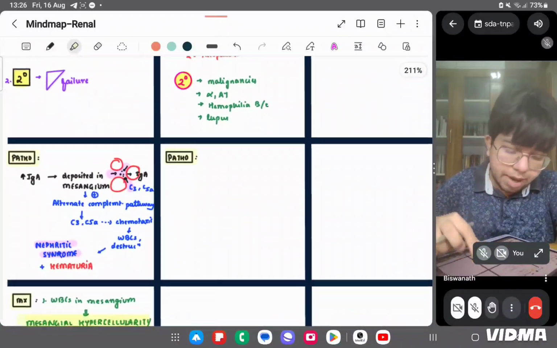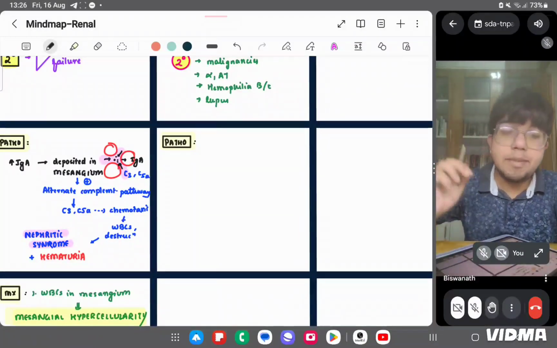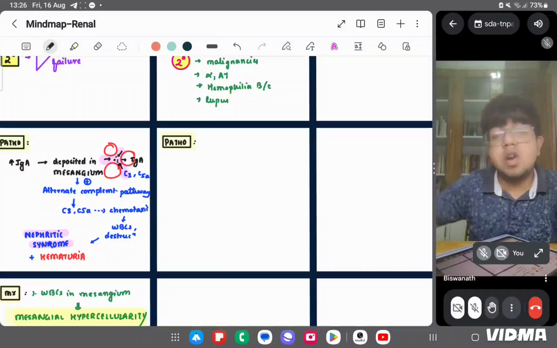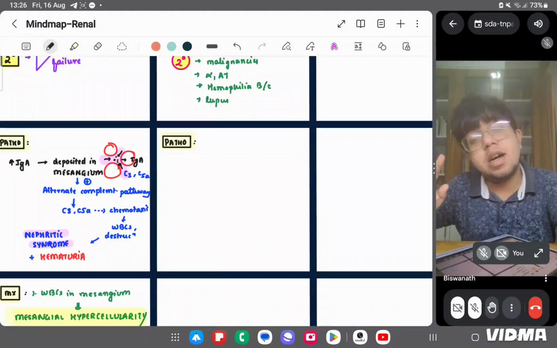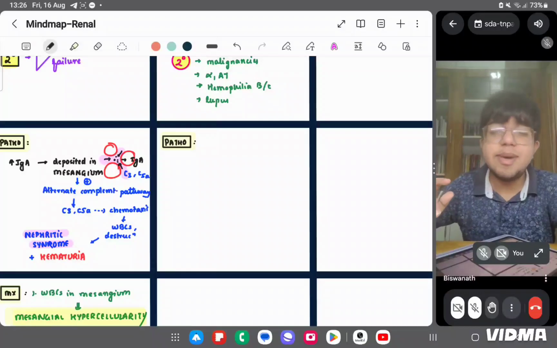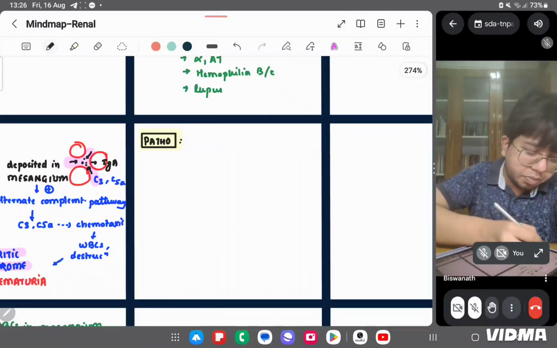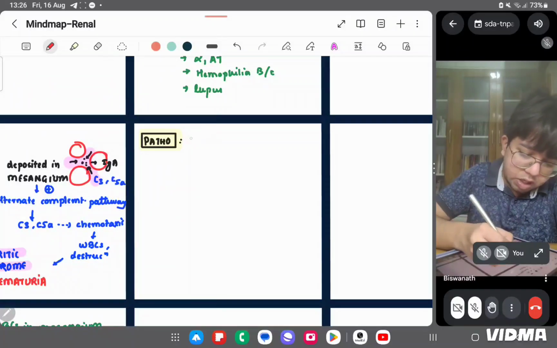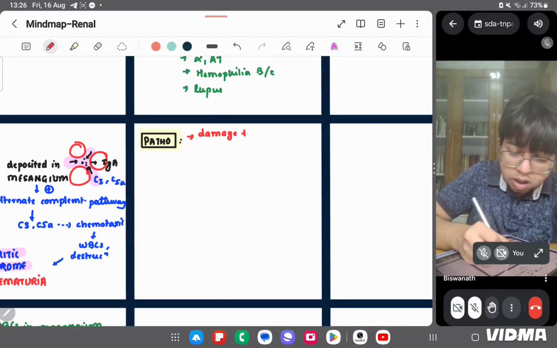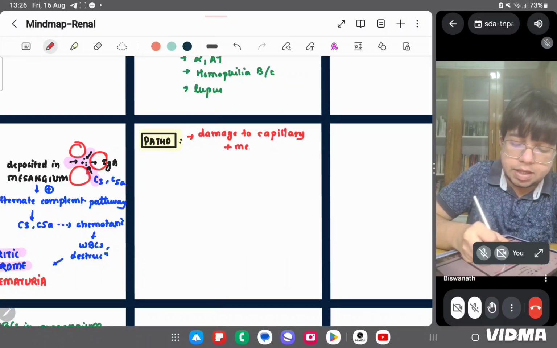So, what is the pathogenesis? There is damage to both capillary as well as mesangium. Therefore, it was earlier called mesangiocapillary glomerulonephritis. Now it's called membranoproliferative. So, basically, what is happening? Let's say this is a capillary. First point, you write the damage to capillary plus mesangium.